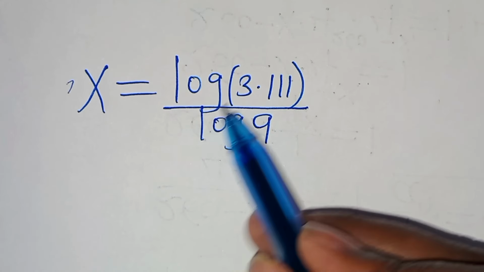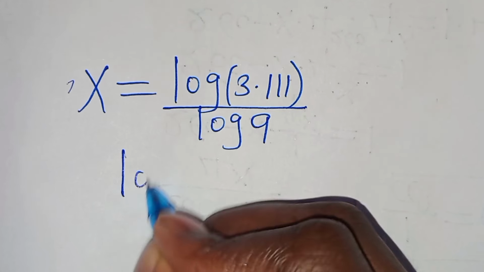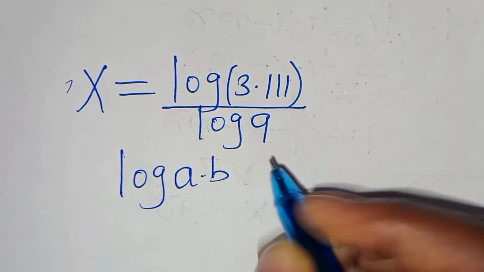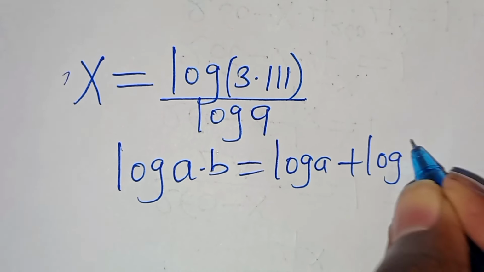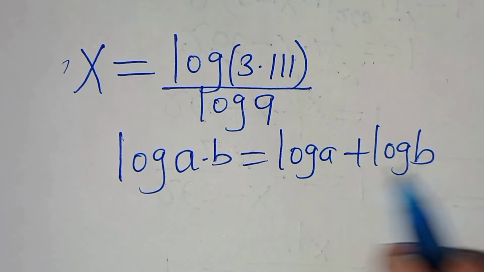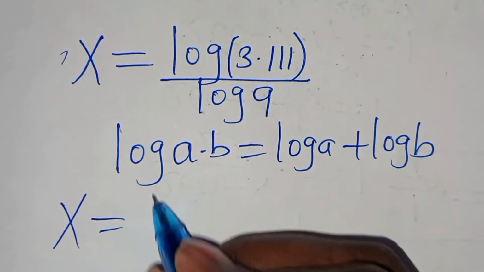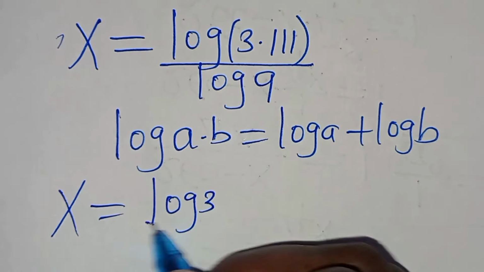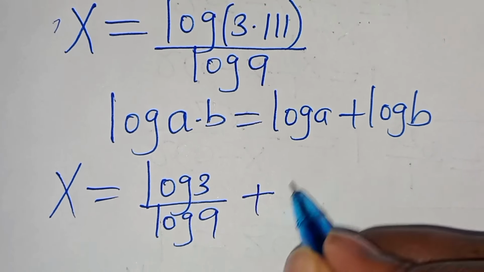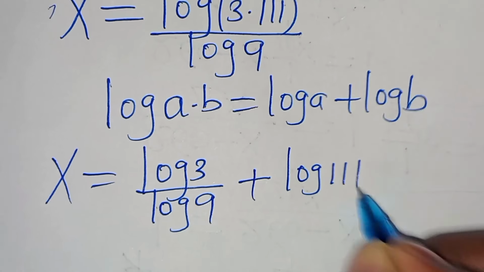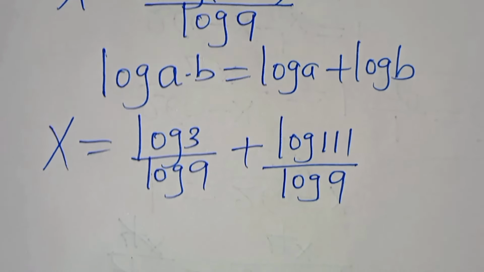Now we have x equal to log of 3 times 111, which is in the form of log a times b, which we can express as log a plus log b. Now applying this logarithm property, we have that x is equal to log 3 divided by log 9, plus log 111 divided by log 9.